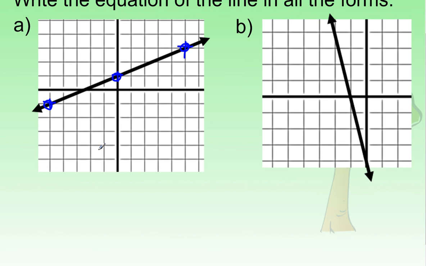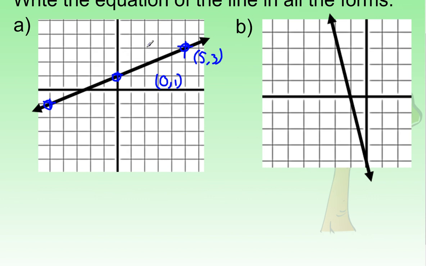So we could skip ourselves a lot of work by counting boxes. What do I mean by counting boxes? Well, I could go through and say, okay, this is the point 0, 1, and this is the point 5, 3, and do the whole slope formula thing of y2 minus y1 over x2 minus x1 and plug in the numbers and simplify.